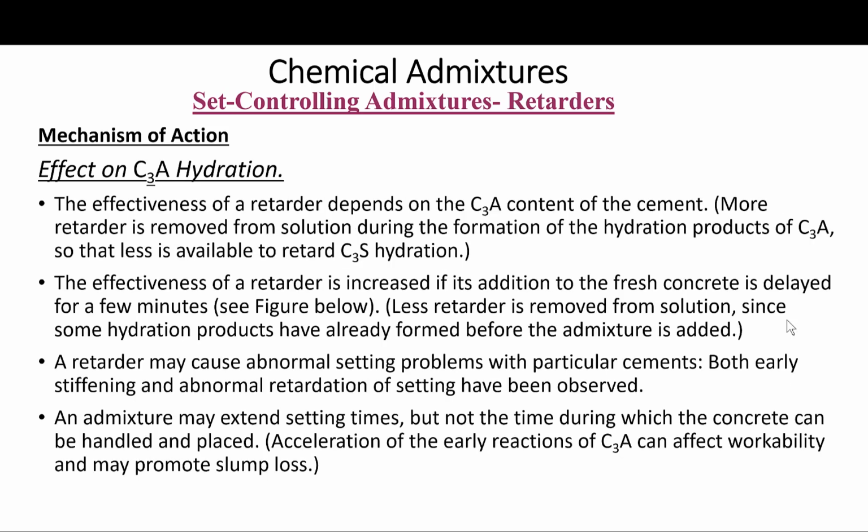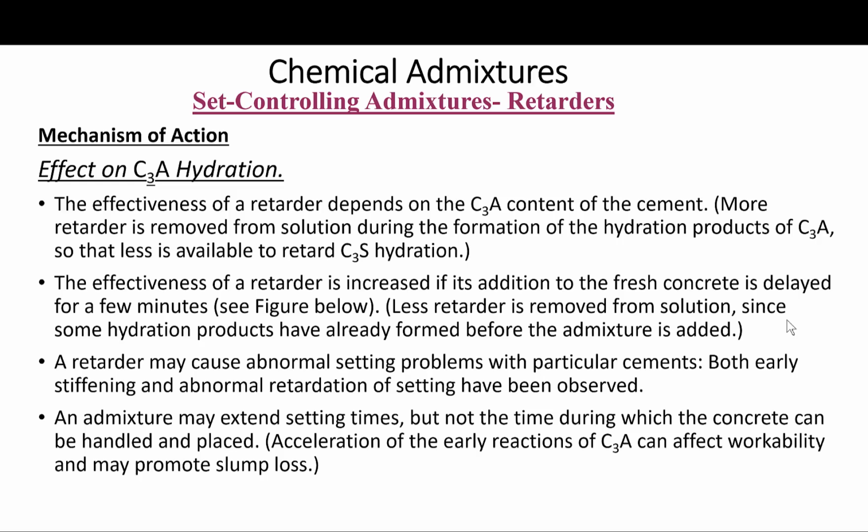Okay, so that is basically what we talked about, the effect on the C3S hydration. Let's see the effects on the C3A hydration, on the mechanism of action. So retarders, again, also tend to retard the hydration of C3A and related aluminate phases.